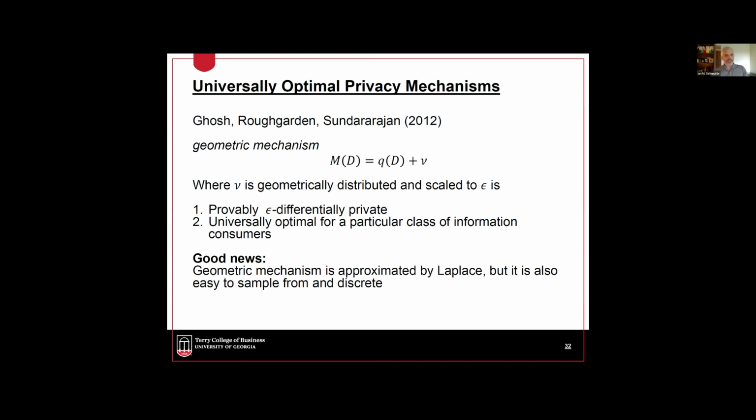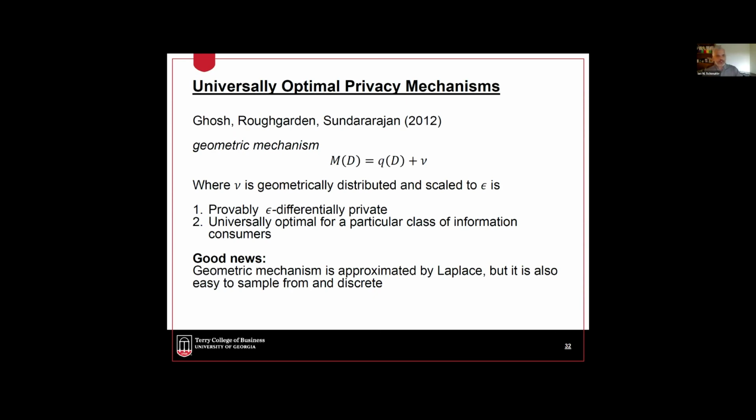So the geometric mechanism is provably epsilon differentially private, but even more interestingly, it's provably universally optimal for a particular class of information consumers. What it means for it to be universally optimal is that if data users have access to the output from this mechanism, they couldn't do better by going back to the data custodian and asking for a data publication that was tailored to their specific use case.